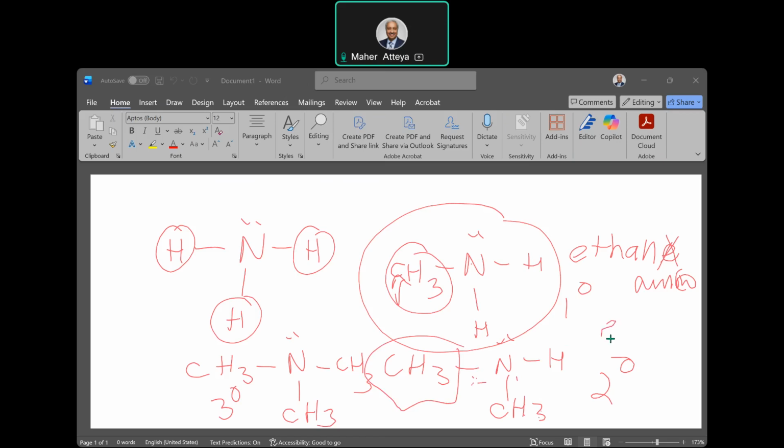So methane, and then N, the N means this methyl group is connected to the nitrogen.